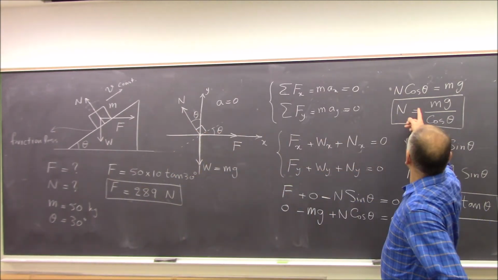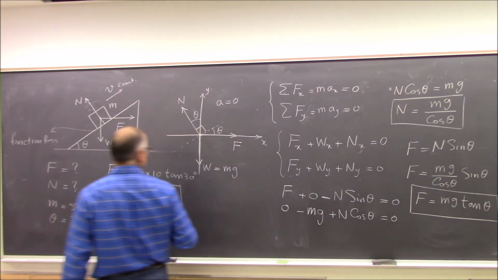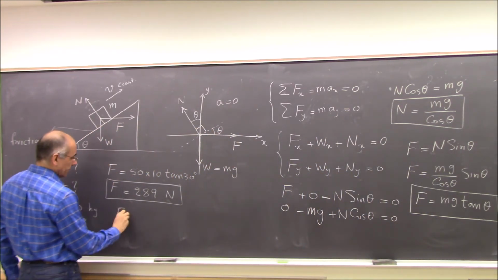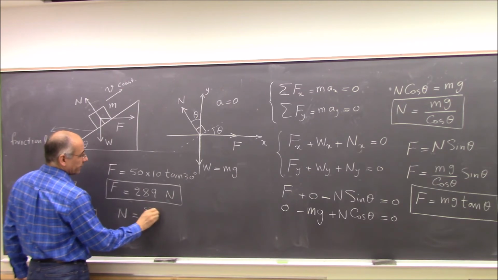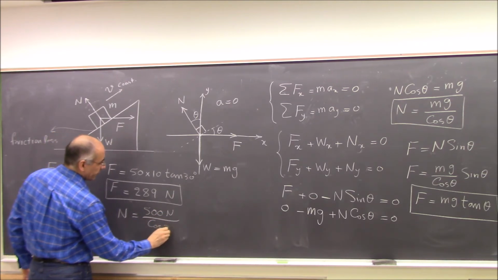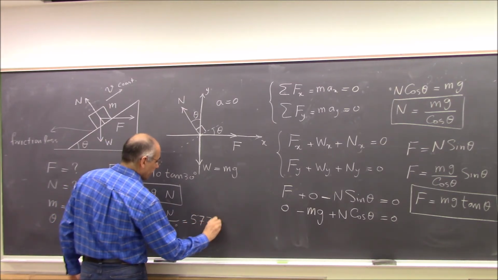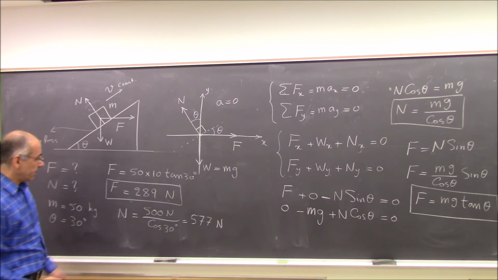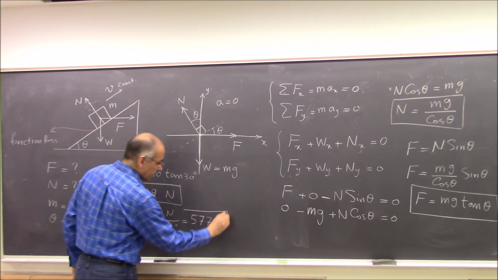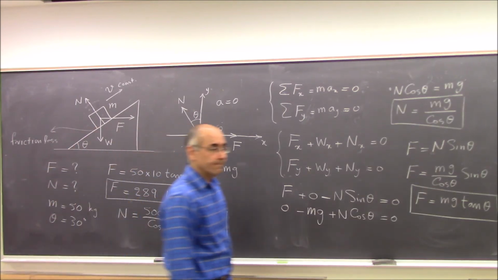And then the normal force is just mg divided by cosine 30, so 500 Newtons divided by cosine of 30 degrees. The normal force is 577 Newtons and F is 289 Newtons.